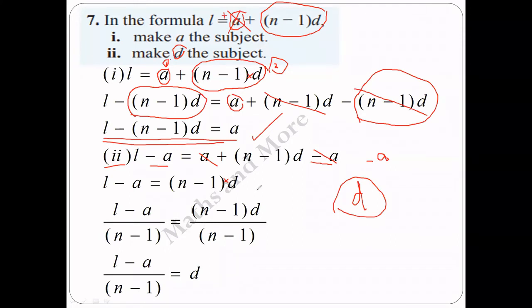So the inverse operation of that is dividing by n minus 1. You can remove this n minus 1 by dividing by n minus 1. Inverse operation. Divide right hand side by n minus 1. Divide left hand side also by n minus 1.